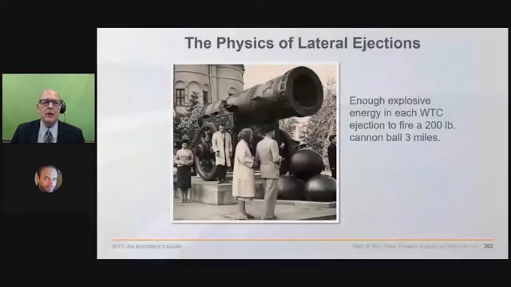So there's enough energy here to fire a 200-pound cannonball 3 miles in each of these 4-ton structural steel sections. And there's hundreds and hundreds of them. Where's all this energy coming from?